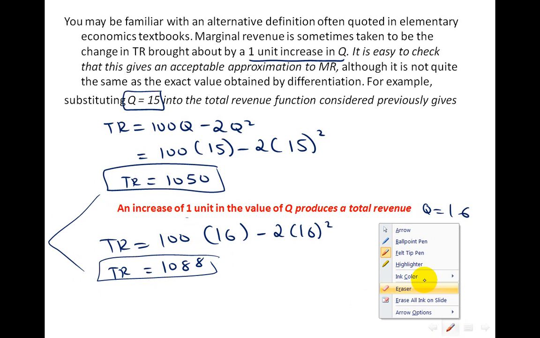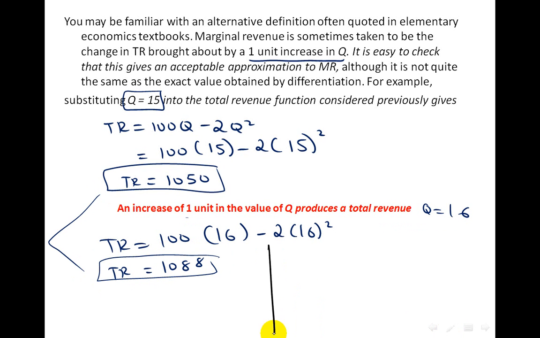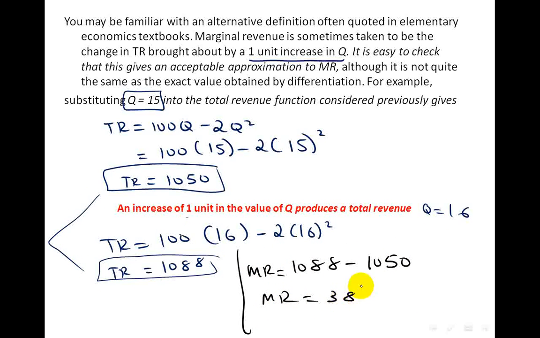Subtract them and you'll find 1088 minus 1050, and the marginal revenue will be 38. So if you remember, by the previous method we found that the marginal revenue was 40 and this is 38, so the number is going to be near to the previous marginal revenue, but not as accurate as the one that we found using the differentiation method.